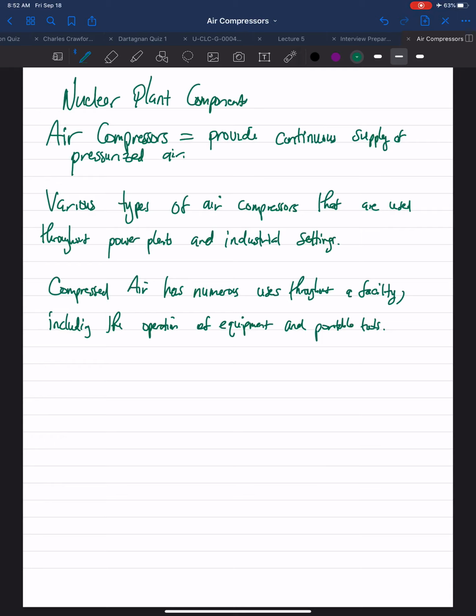We will talk about three types of air compressors today. Similarly to pumps again, we have the reciprocating, the rotary, and the centrifugal.